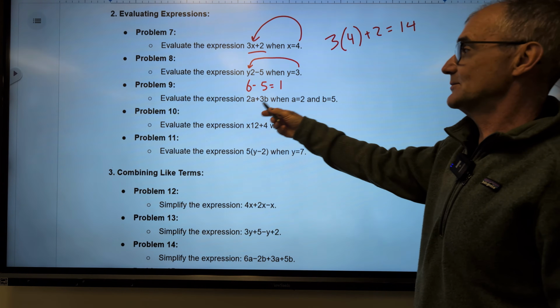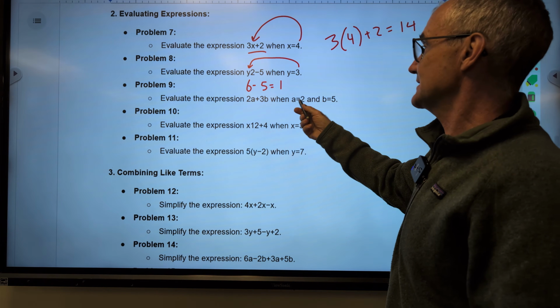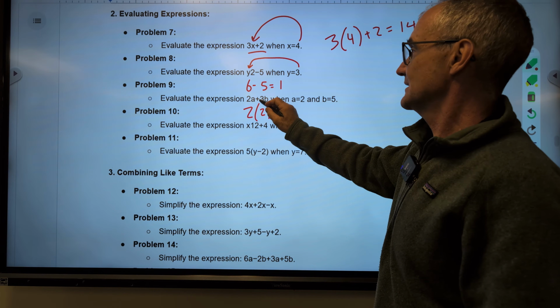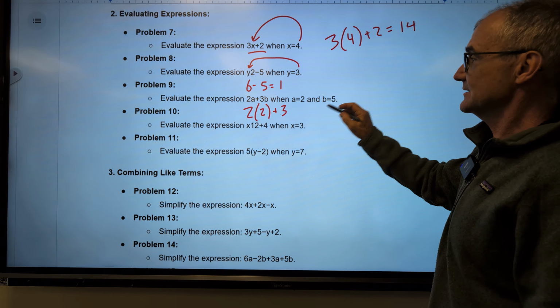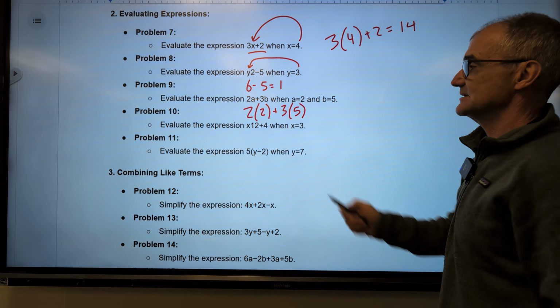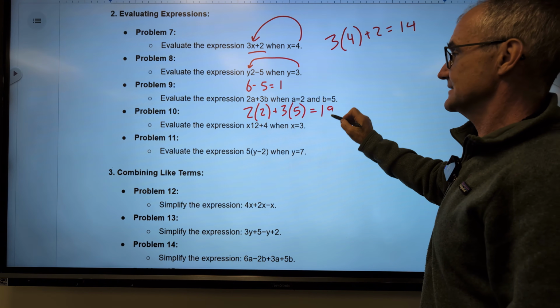Here I have a multivariable expression, more than one variable. When a is 2, 2 times a plus 3 times b, what is b? Well, b is 5. I do my multiplication before addition. 4 plus 15 is 19.